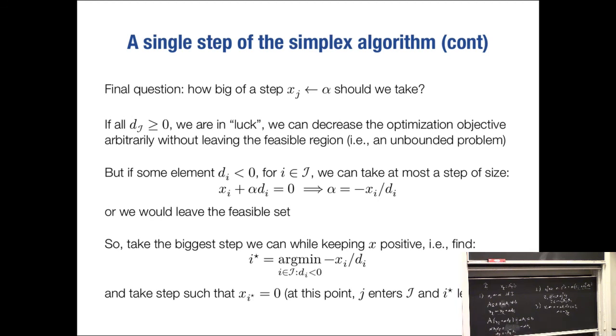So what I'm going to do is take as big a step as I can until one of my existing xi's hits 0. I'm going to find the alpha such that the first one of my xi's, when I update it, becomes 0.